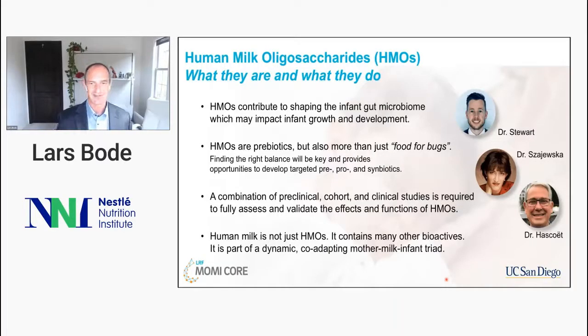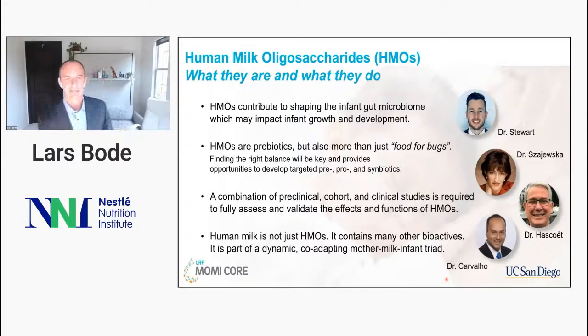I mean, it's my favorite topic, but I know there is so many other bioactives in human milk, and it's really a part of the dynamic co-adapting mother-milk-infant triad, as we call it. And Dr. Cavallo will talk about that at the very end and give us a little bit of a future perspective on what bioactives there are and how we tackle this really complex system of this triad.